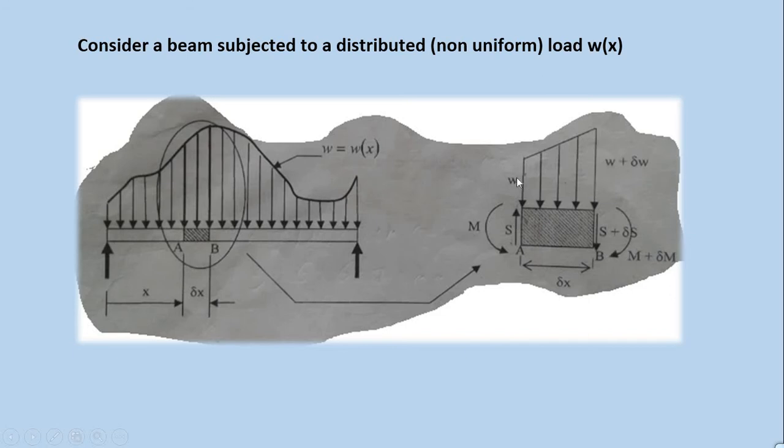Here it is w, here w plus delta w. You can take the average intensity over this section, which is (w plus delta w) over 2. But we have to get the total load, therefore we have to multiply this intensity by delta x.